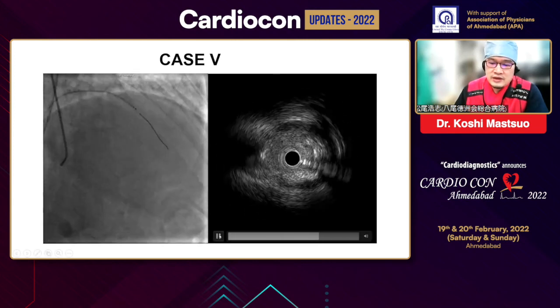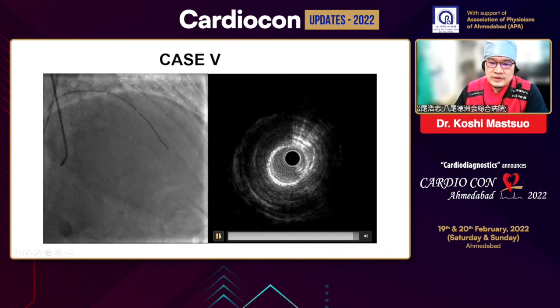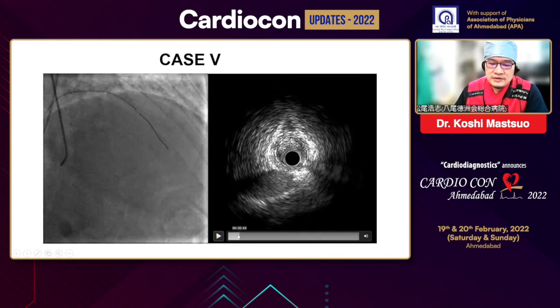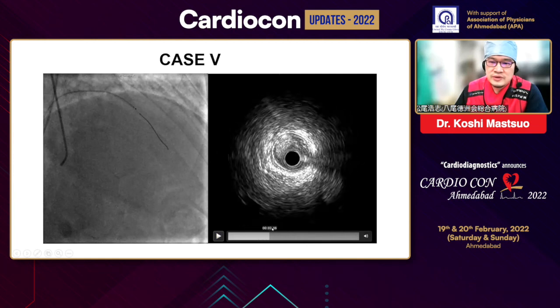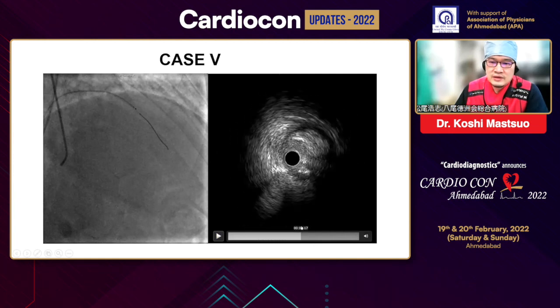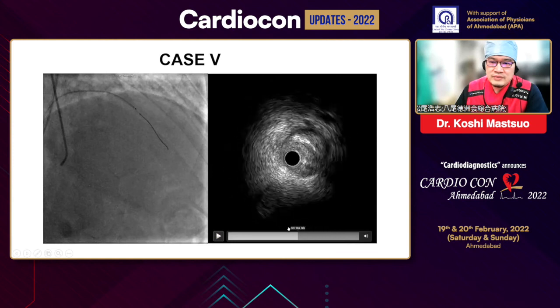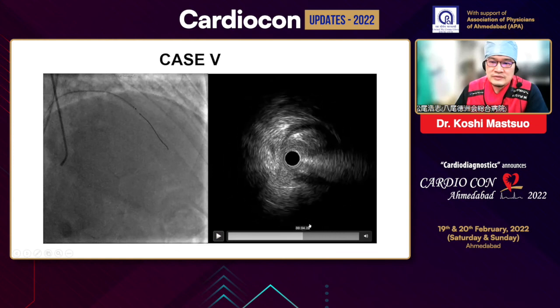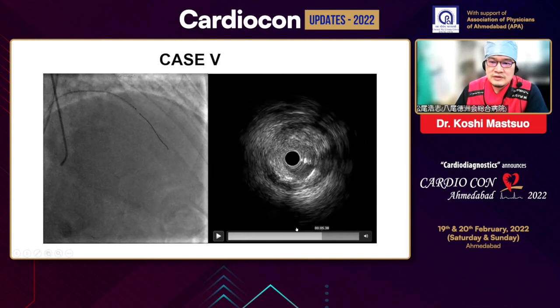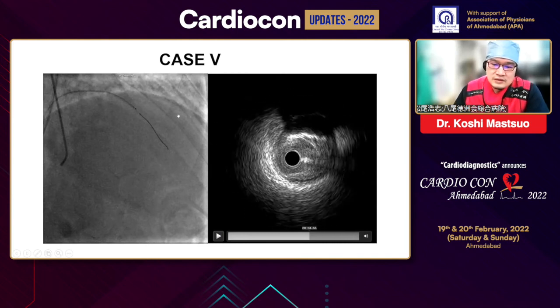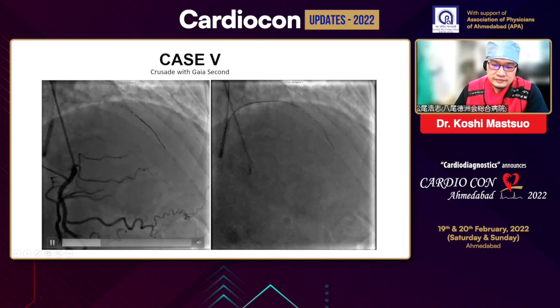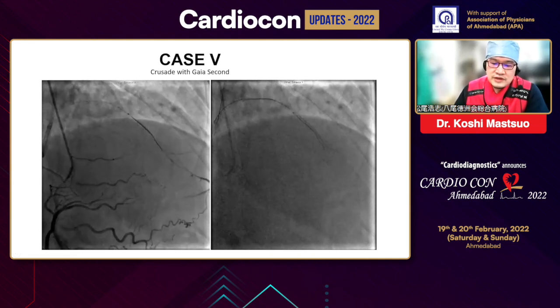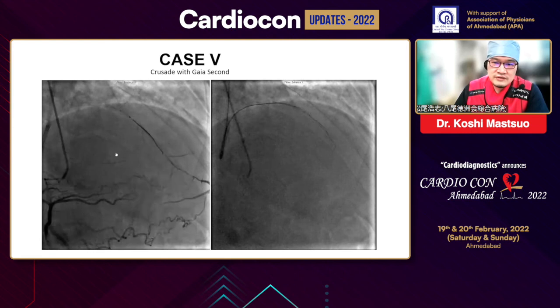So I checked IVUS and found the Gaia fast inside a false lumen, maybe from around here. I performed the fire wire technique using Gaia second with a Crusade catheter.